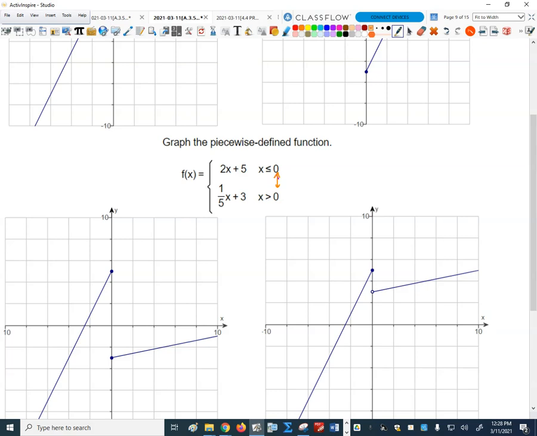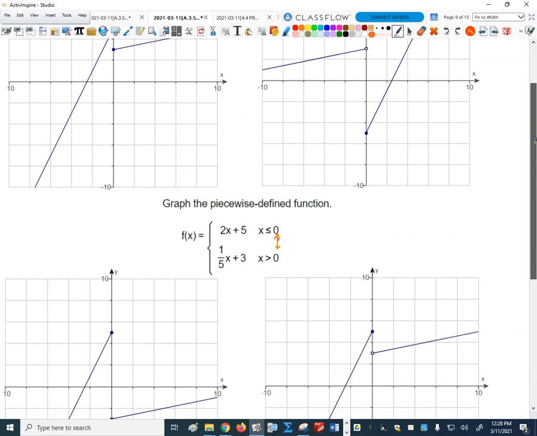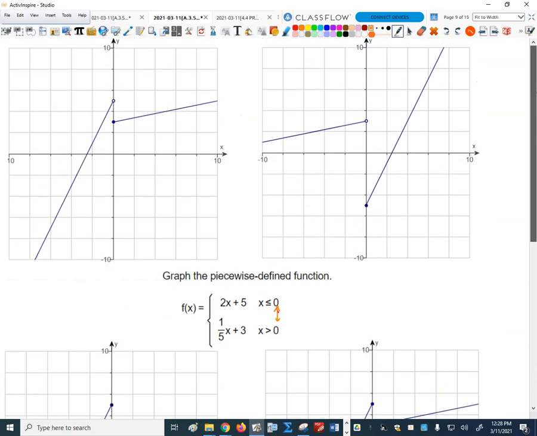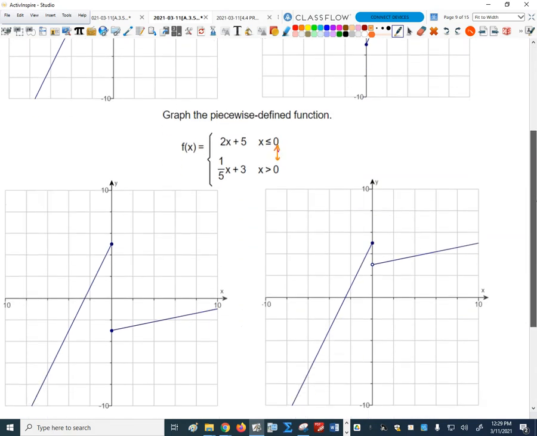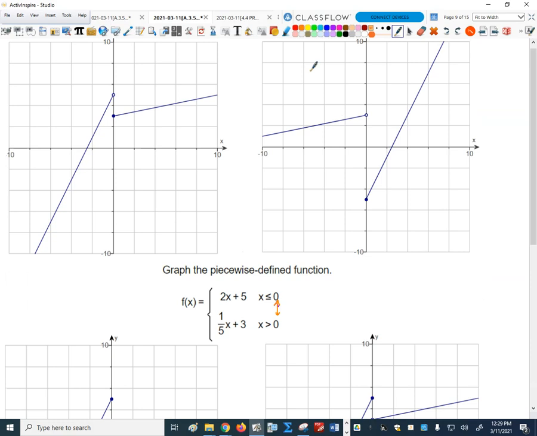So let's just see which of these pieces is going to fit, first of all. Well, look, all the pieces do the right thing in terms of the transition. X equals 0 is where we're jumping between the two lines. So that part is correct, isn't it? Let's look at this top one, though, and see if this one works.